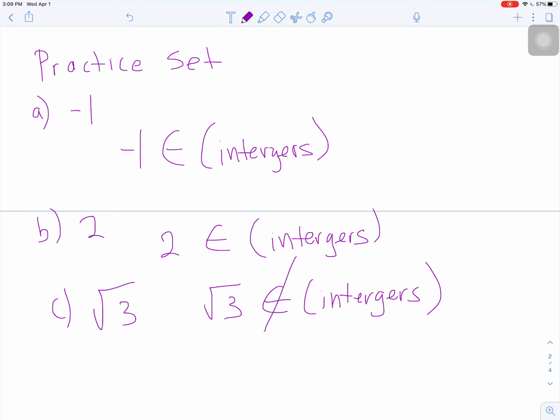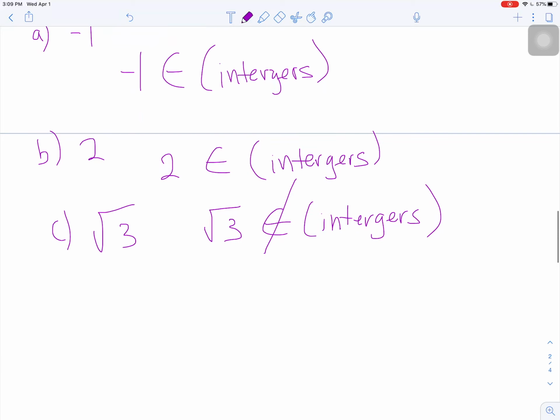So that would be D. Let me write that down. So A is a subset of B. Triangles are part of all polygons, subset. So that's what you're looking for there for your subset symbol.